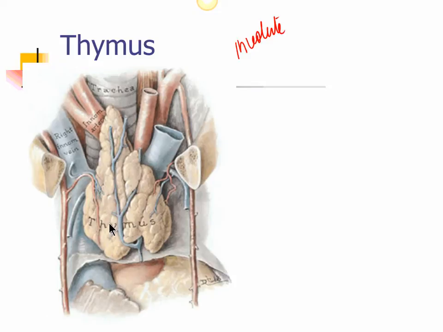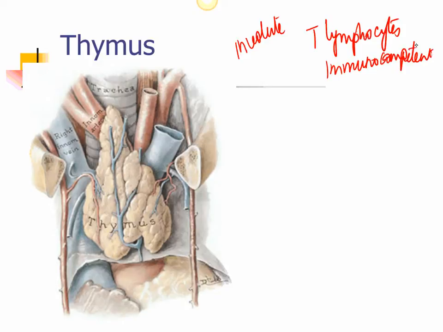Very vascular. It is one of the central lymphatic organs. During fetal life, when lymphocytes are being formed, the ones destined to become T lymphocytes go into the thymus to mature. So it makes the T lymphocytes immunocompetent, that means it trains them to become competent to take part in the immune response.